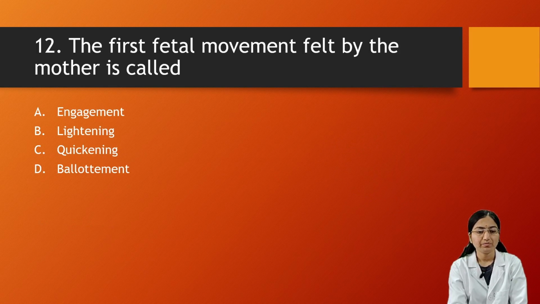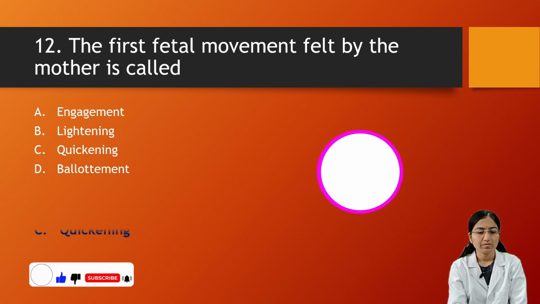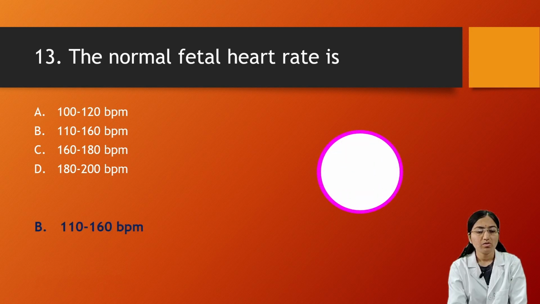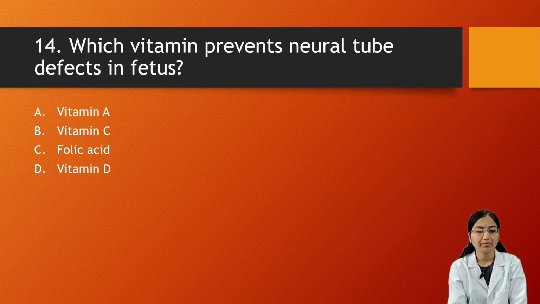Gynecoid pelvis. The first fetal movement felt by the mother is called? Quickening. The normal fetal heart rate is? 110 to 160 beats per minute.